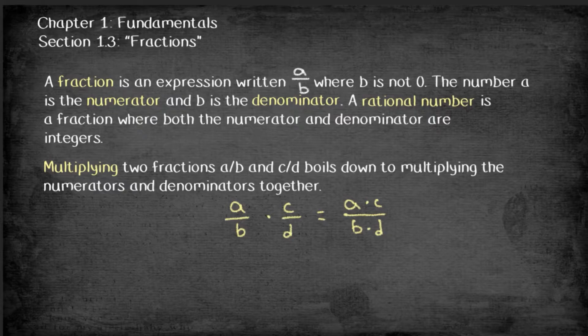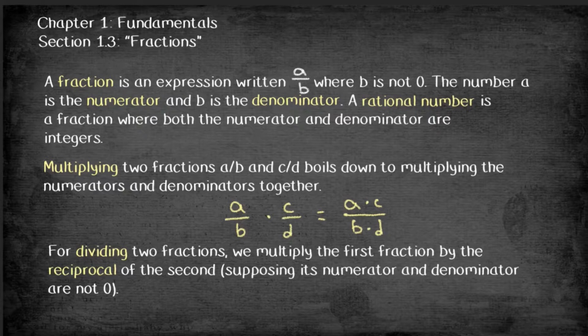And division is very similar. For dividing two fractions, we have to first multiply the first fraction by the reciprocal of the second fraction, supposing that the numerator and denominator of the second fraction are not equal to 0. What do I mean by reciprocal?